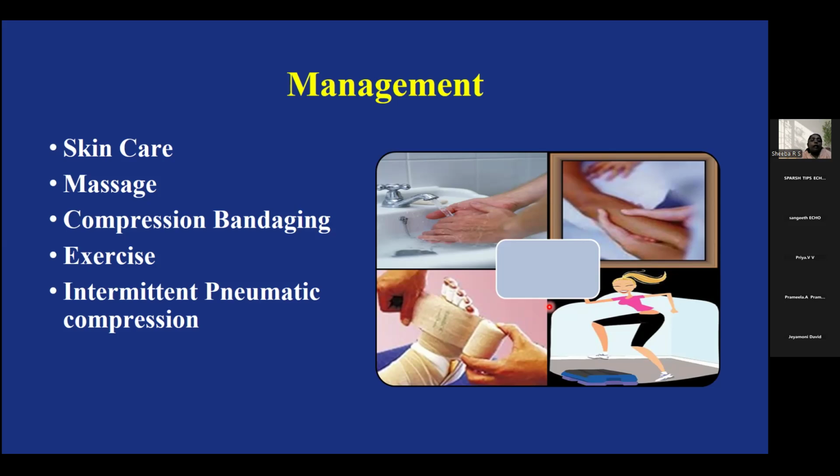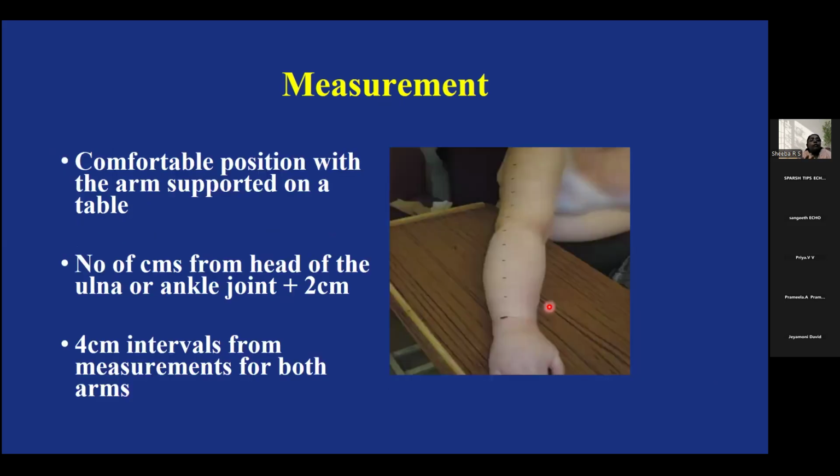Coming to the skincare. You need to understand that there is no lymph node in that area to fight against bacteria. Whenever you are going to do lymphedema management, you have to do the measurement.